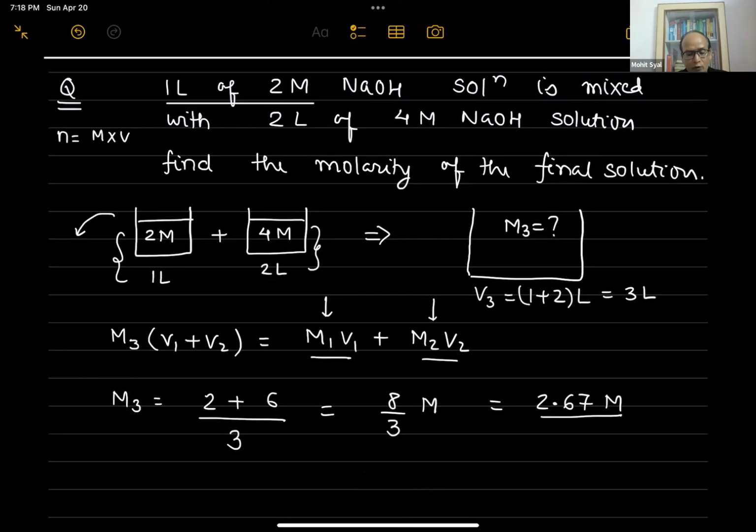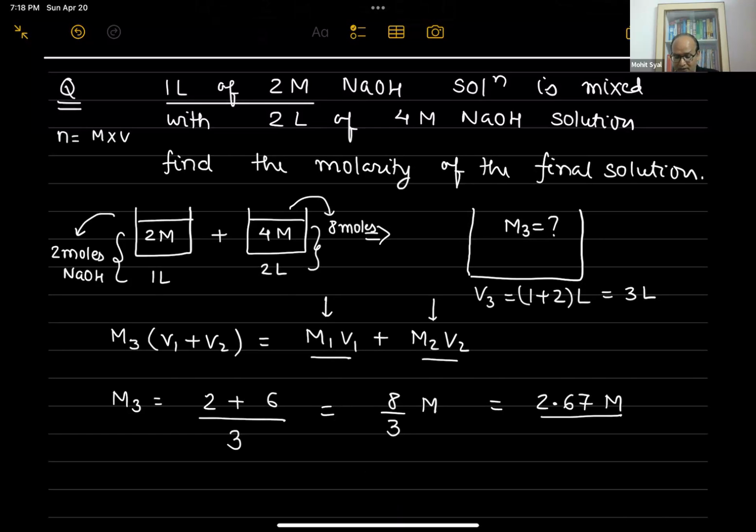So in the first solution the moles will be 2 moles of NaOH. Yeah, very good. And Marwa, the second solution, the moles of NaOH will be 8 moles, right? You add them together, total moles will be 10 moles.